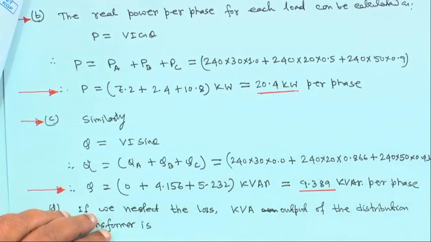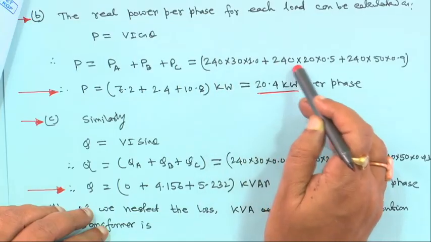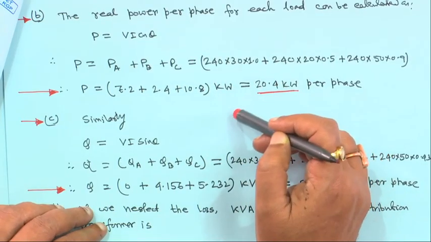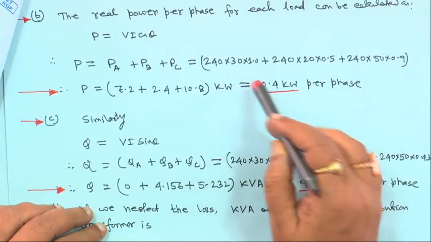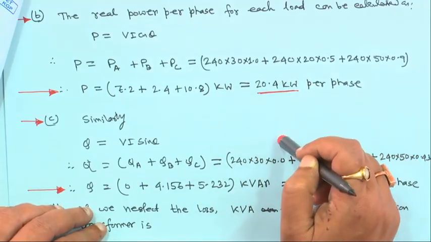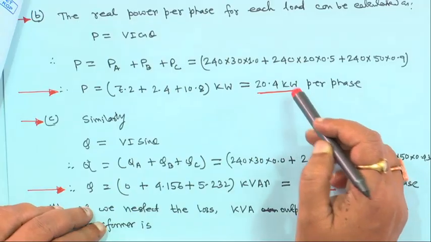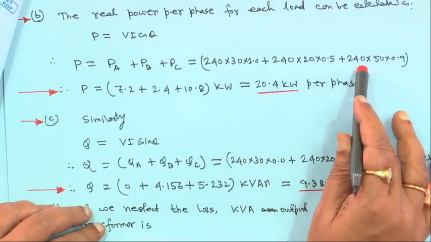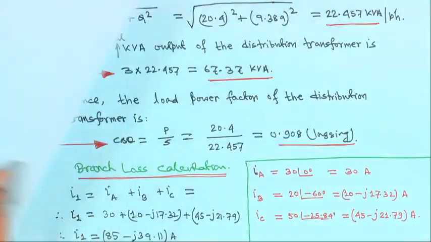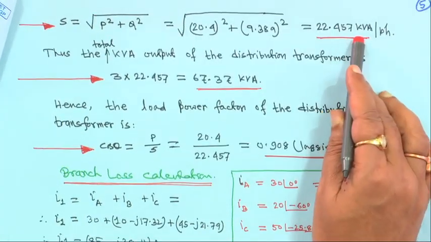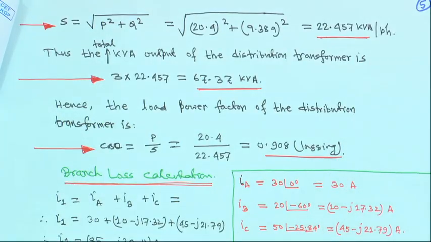These calculations are made on the rated value, because we have to plan the distribution transformer rating. If you go for actual calculation, you will find V A, V B, V C are less than 240, but for the planning stage, as an approximation, all voltages are taken the same, right. So, it is coming 22.457 kVA per phase, right.